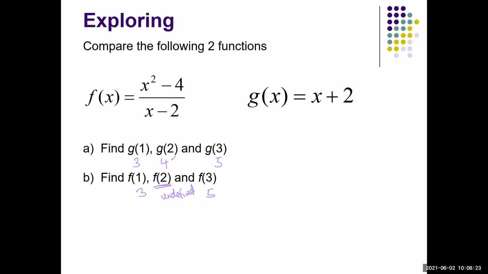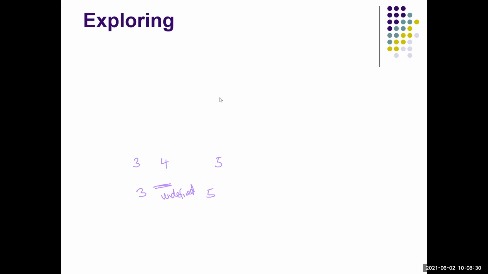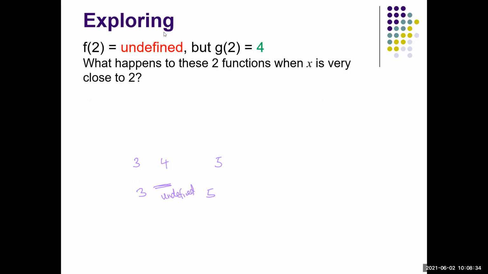So we're going to investigate closely what happens to the function at 2 by using tables. From our conclusions, f of 2 is undefined, g of 2 is 4. So what happens to these two functions when x is very close to 2?